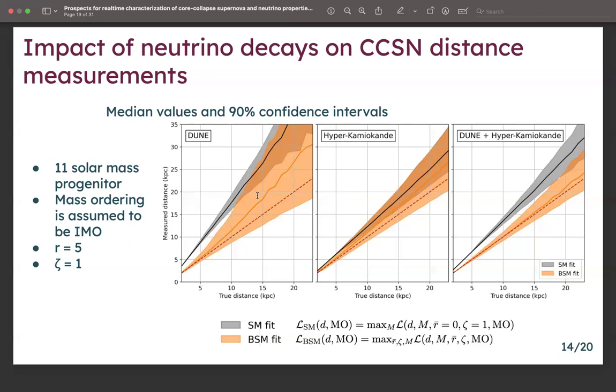But with another problem appearing, which is that the uncertainties increase a lot. Now, if we do a BSM fit, but using DUNE and Hyper-K at the same time, we have everything we wanted. Then we almost get rid of the bias, keeping small uncertainties, or keeping them under control.